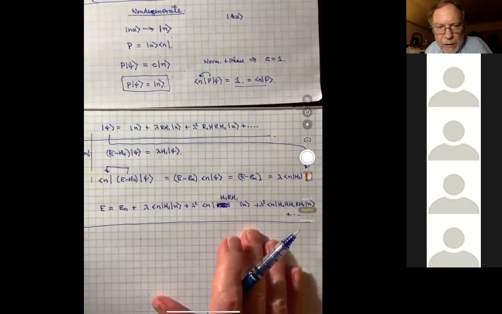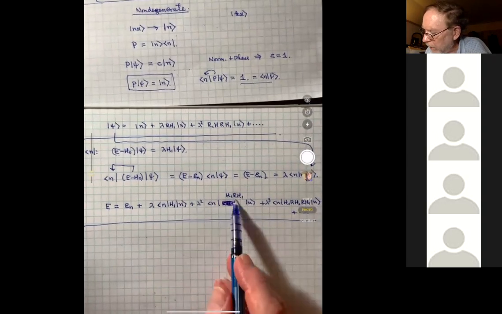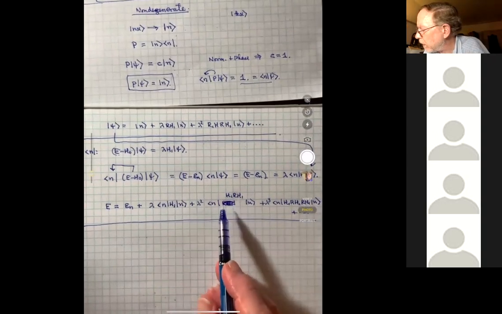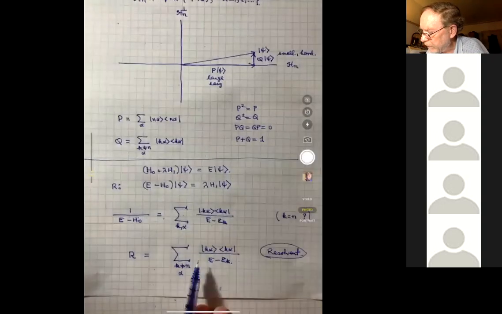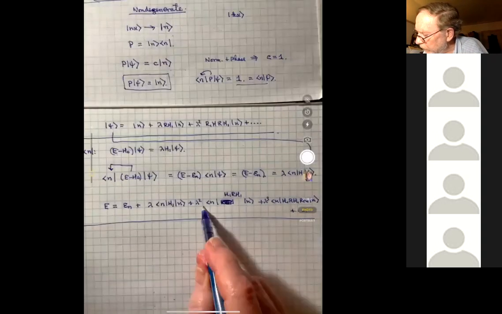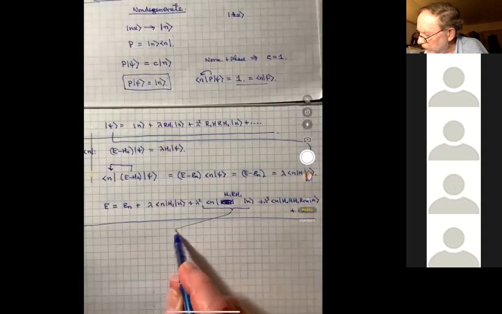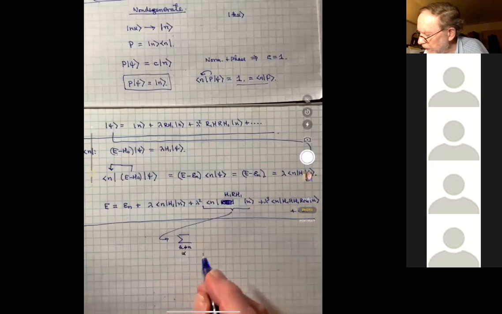The reason is that the energy is actually contained in R. The definition of R involved the energy in the denominator. Here it is right here. So for example, if I write out this second order term explicitly, what is this equal to? It's a sum on k not equal to n, because we excluded those terms from R, and a sum on alpha.